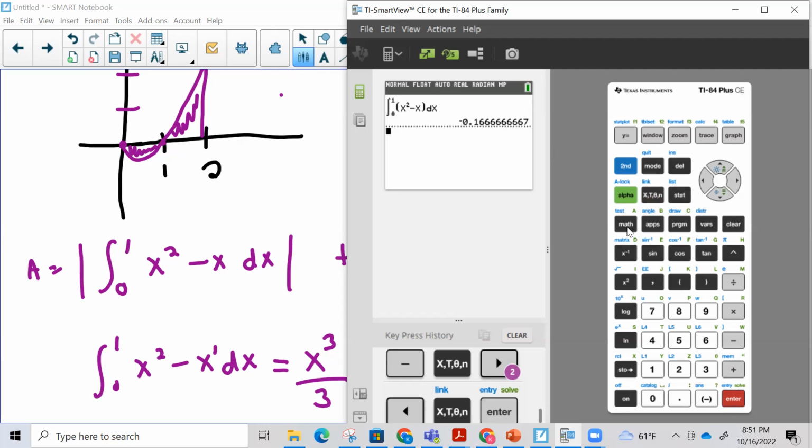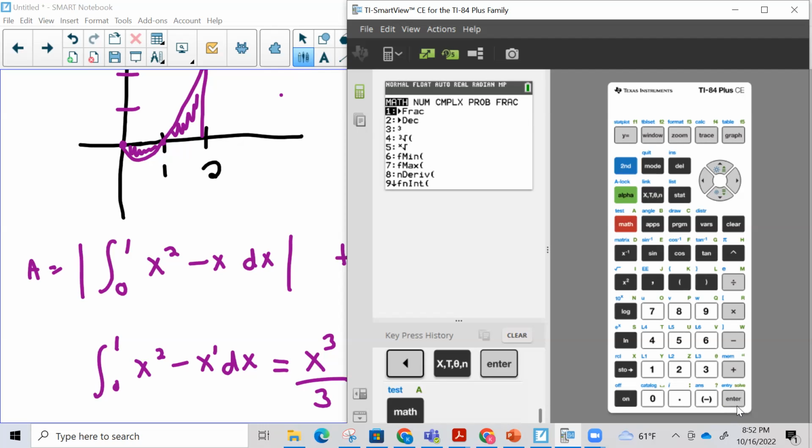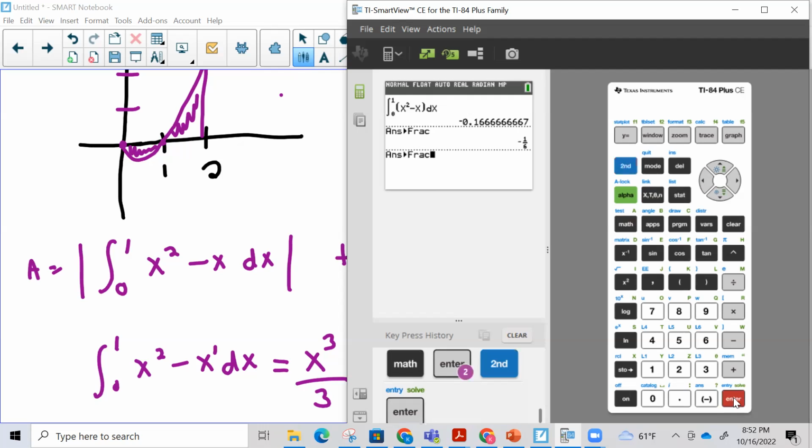This gives me a decimal. You can hit math and then frac, enter, and it'll give you the -1/6. I can hit second entry to pull it back up if I don't want to rewrite it all again.